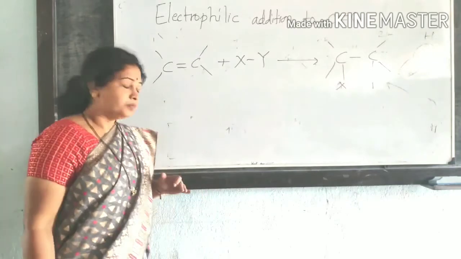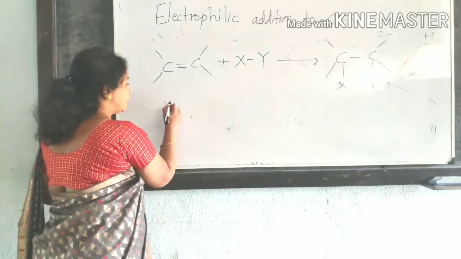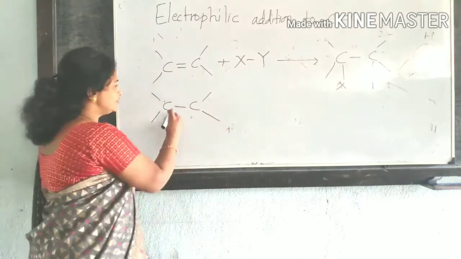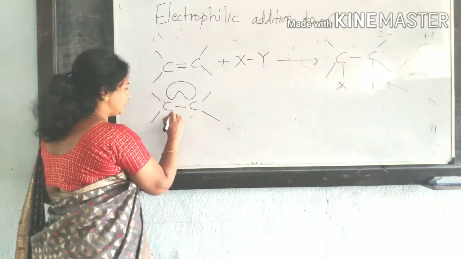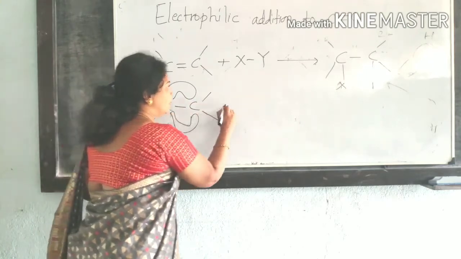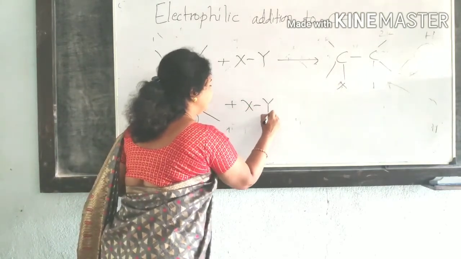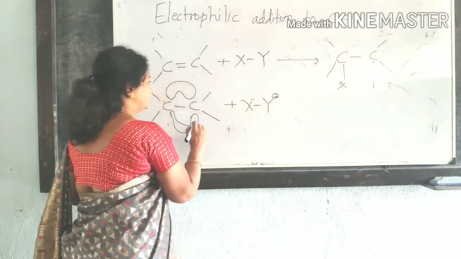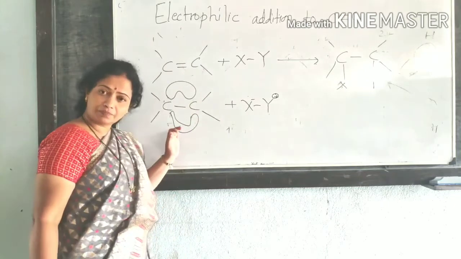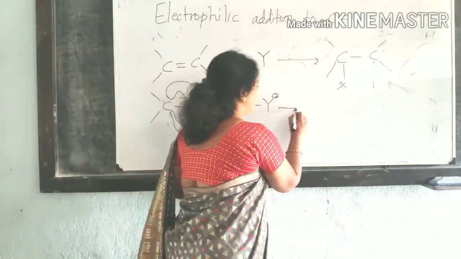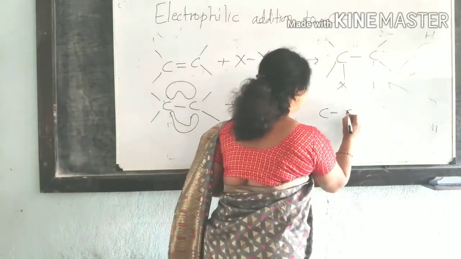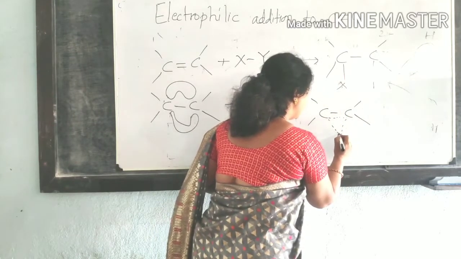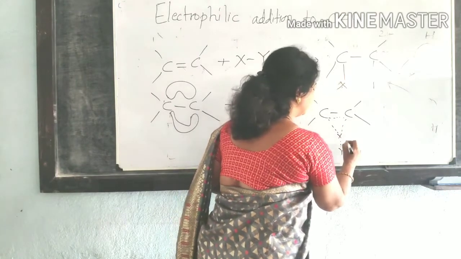Now for the mechanism we have to explain like this. This is the pi electron cloud of the ethene. In this reagent, the electrophile gets added across this pi bond and formation of a pi complex takes place. Thus, in the first step, formation of pi complex takes place.